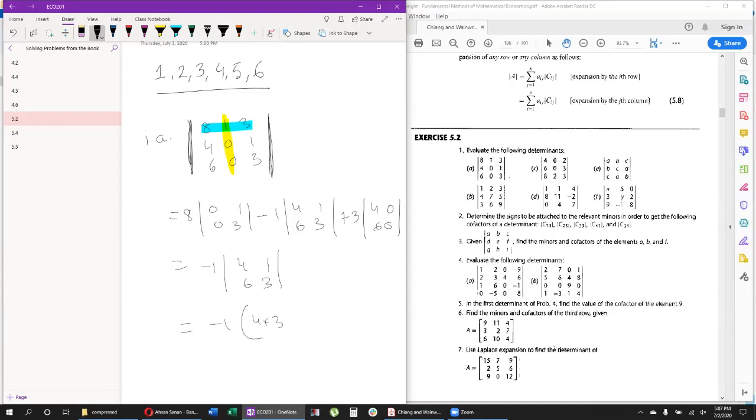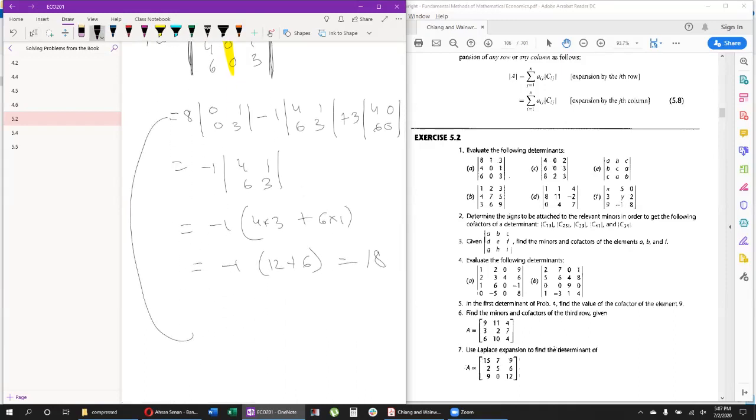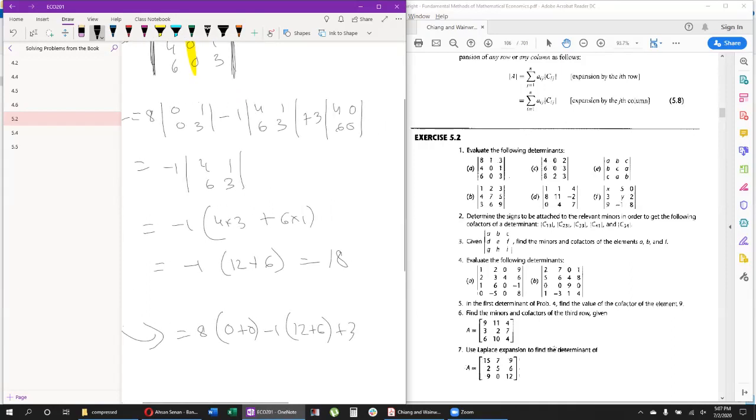So we just have to calculate one determinant here. That is 4 times 3 minus 6 times 1. So what we get is minus 1 times 12 minus 6, so 18. And let's do this as well, since we have set up the problem. What we get here is 8 times 0 times 3 minus 1 times 0, minus 1 times 12 minus 6, plus 3 times 0, effectively 0 plus 0.